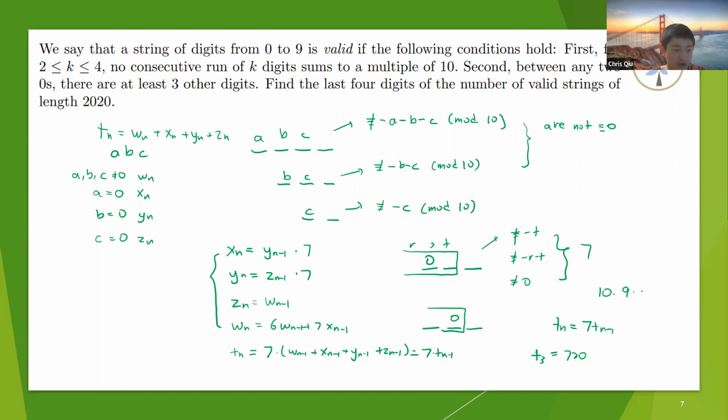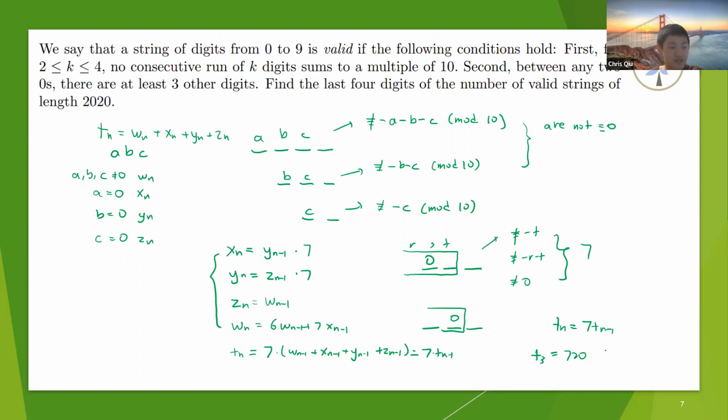And then we're gonna have 8 ways to find the third digit, because we cannot have the third digit and the second digit summing to 10 or 0, and we cannot have the third digit, the second digit, and the first digit summing to 10 or 0. So that's going to give us a total of 720 ways to create a valid string of length 3.